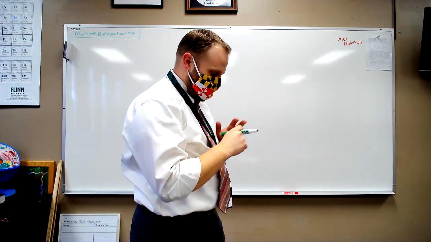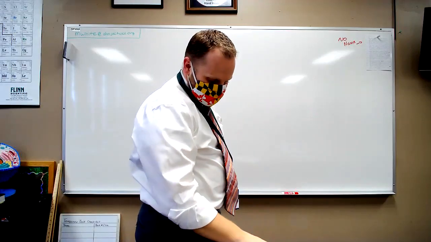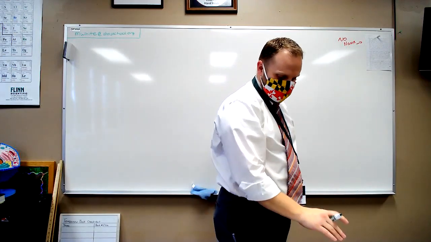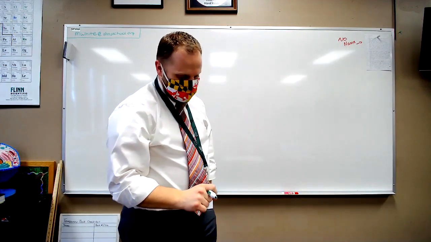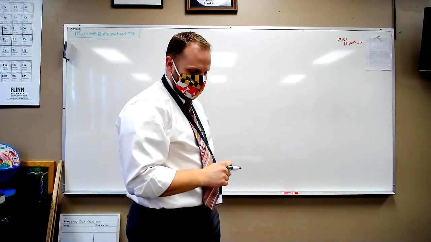And like I said, these are all experimentally determined. And there's a table on page 615 with a whole bunch of solubility product constants. And if you look at them, you'll notice they're all very small numbers.